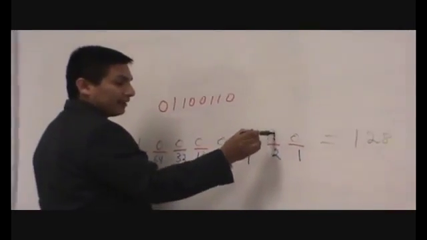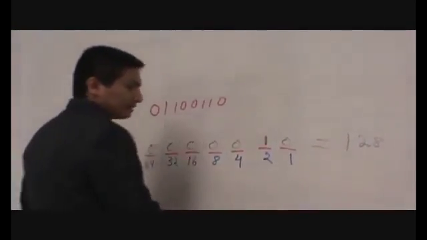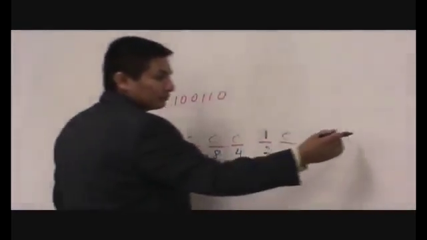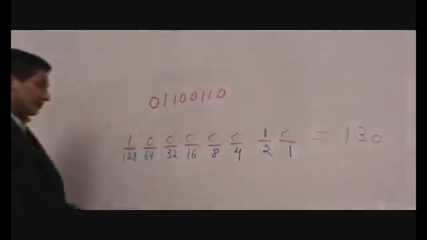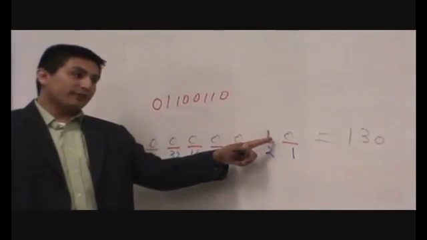If I have a 1 here within this byte, my total value would be 128 plus 2 equals 130, because only this one and that one have a binary value of 1.